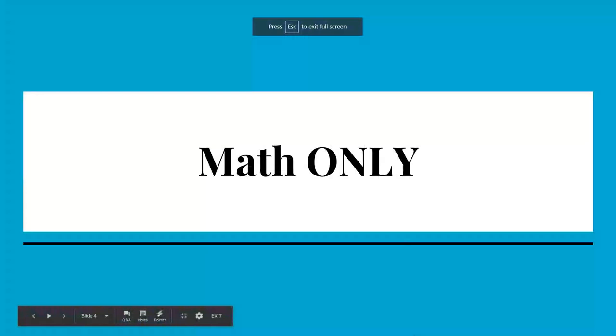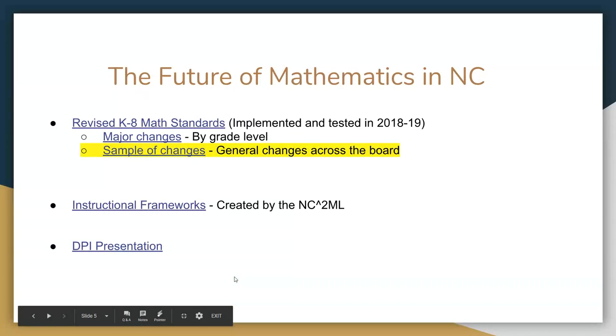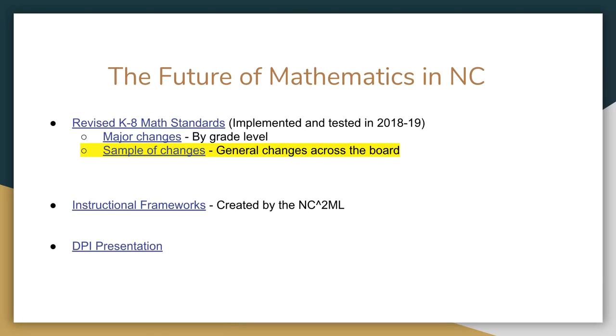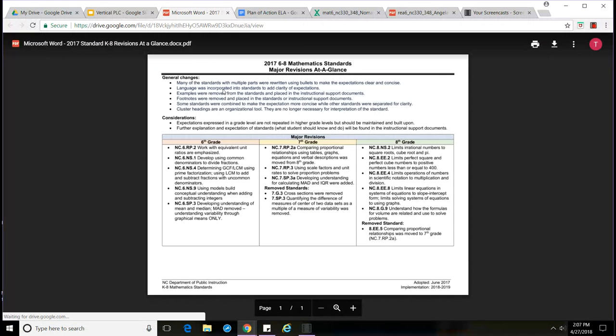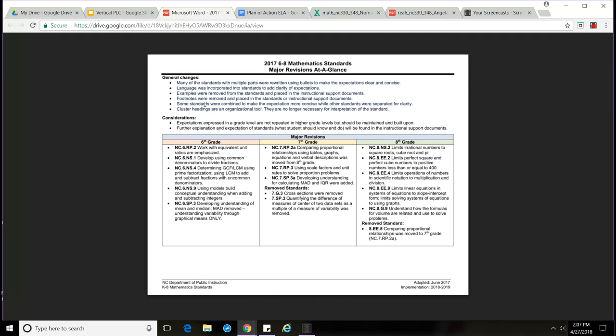The next portion, real quick, is for math only. We will have some new revised standards for the upcoming year. One of the things that I want you to look at are the major changes for sixth, seventh, and eighth grade, making sure that you see if there are major changes or if it still has some of those components from the Common Core standards.